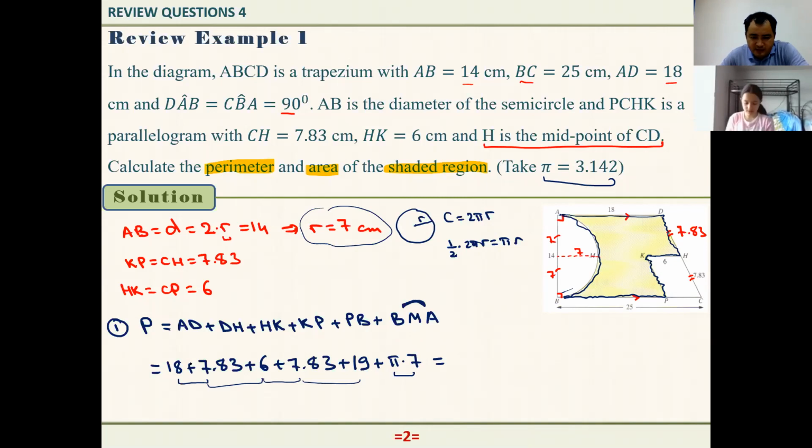18 plus 7.83 plus 6 plus 7.83 plus 19 plus 7 times 3.142.